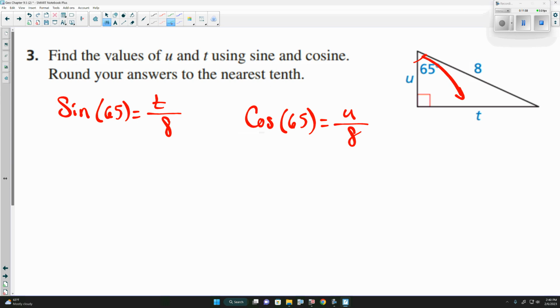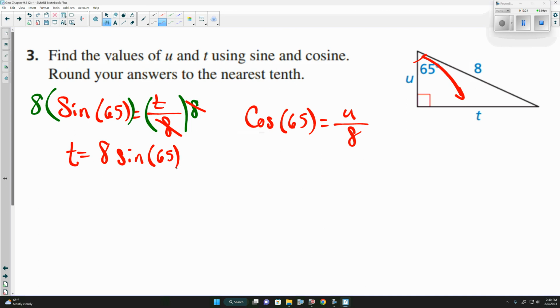Now if we're solving with sine first, the first thing we'll need to do is multiply both sides by 8. And really, no matter which side we solve for, we'll multiply by whatever's on the bottom of the fraction for these setups, because here the 8 and 8 will cancel, telling us that t is equal to 8 sine of 65 degrees.